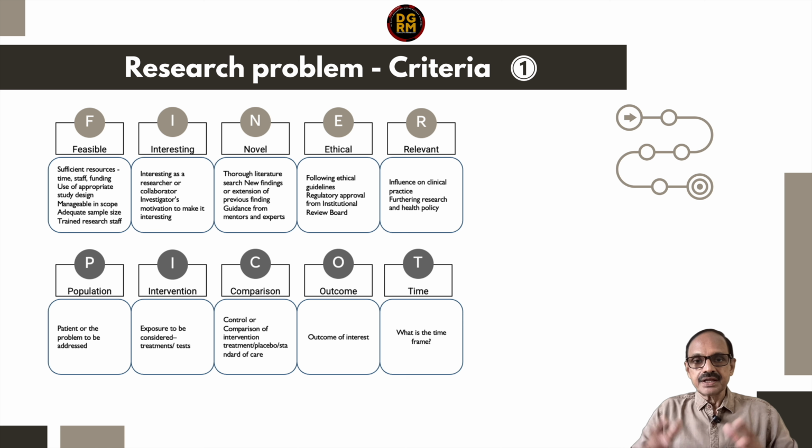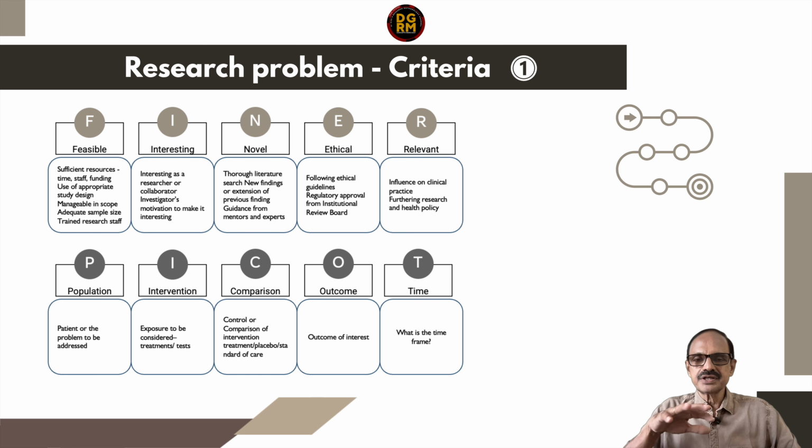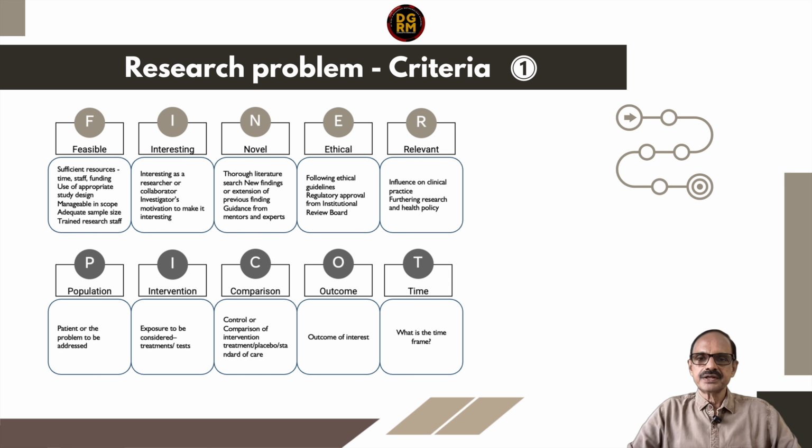But if the government is giving you a fund for that research, problem finding is a different concept. And in an emergency situation like COVID, your problem is in front of you as COVID. So problem finding differs according to the situation.